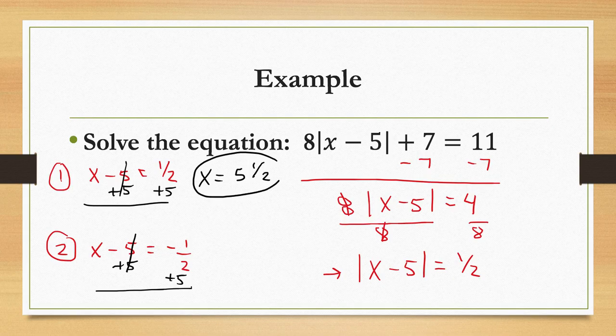That's one answer. And then for our other answer, we're going to take 5 and subtract 1/2. So 5 minus 1/2 is 4.5. And that's going to give us our second solution.